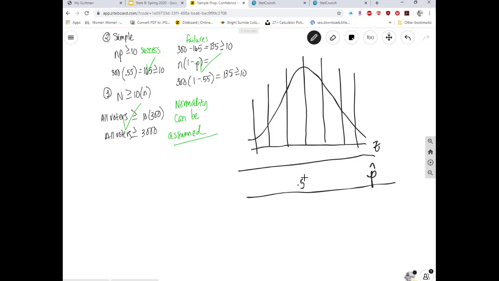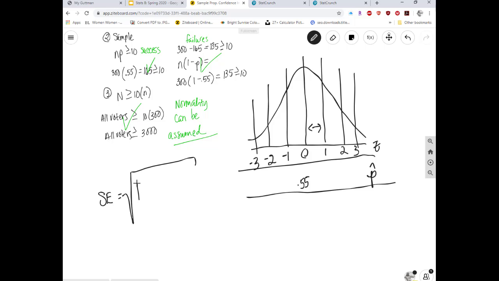P hat is 0.55. These are my z-scores, my estimated z-scores. 0.55 is in the middle. I need to find this distance, and I can estimate it using my standard error formula.